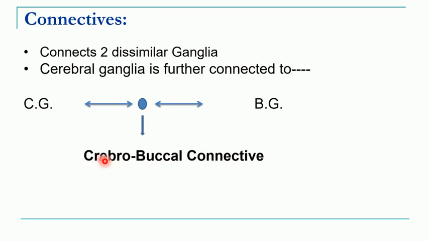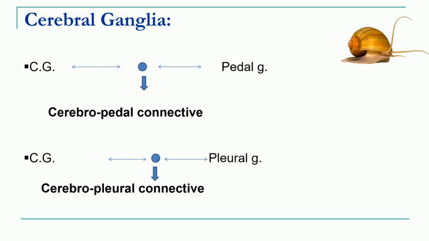And why this name? Because the cerebral is situated above the buccal ganglion. Similarly, when the cerebral ganglion is connected with the pedal ganglion, that connective is called the cerebropedal connective. When the connection is between the cerebral ganglion and the pleural ganglion, that connective nerve is called the cerebropleural connective.